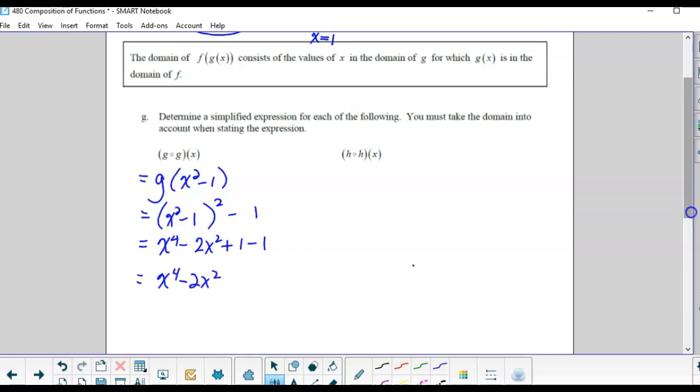So that's the simplified expression. It's a polynomial function. The original domain for g was all real numbers. The overall is all real numbers. So that's your domain overall.